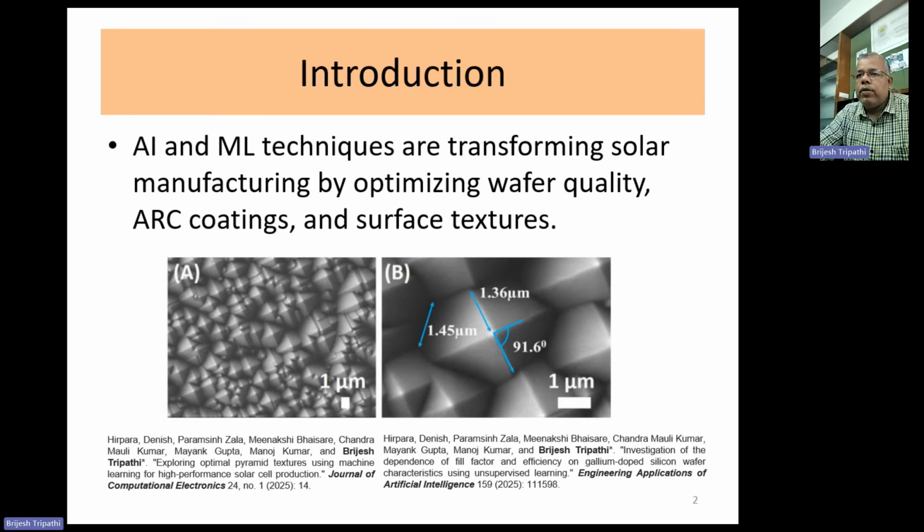I have tried to use artificial intelligence and machine learning techniques to transform solar cell manufacturing by connecting the data of wafer quality, thickness of anti-reflection coating, and surface textures with the output of the solar cell, that is its open circuit voltage, short circuit current, fill factor, and efficiency.